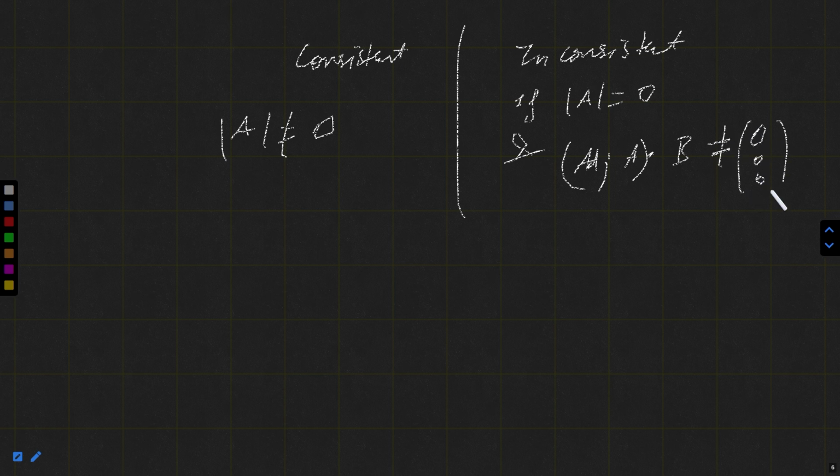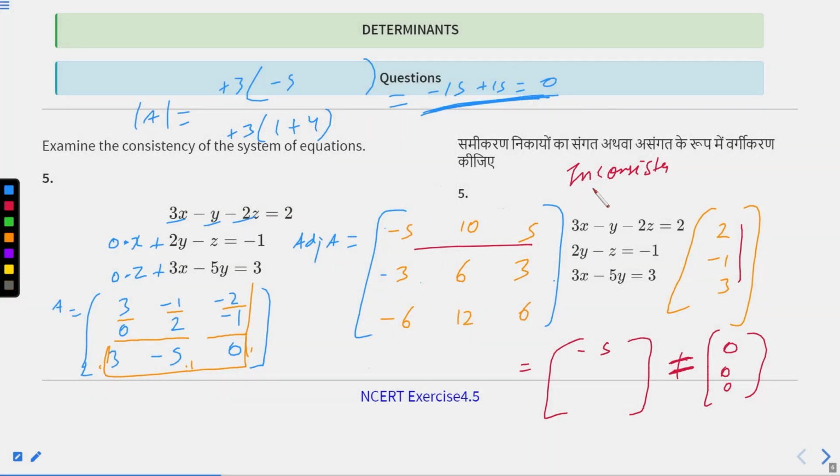If this happens, then it is inconsistent. Inconsistent means no solution. So that's why it is inconsistent. As you can see, non-zero.